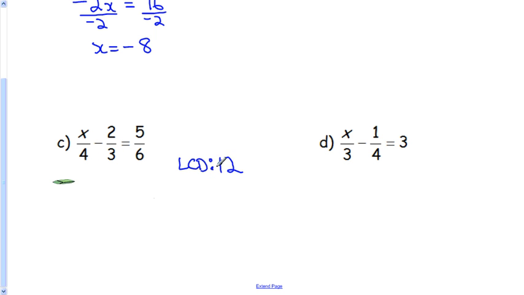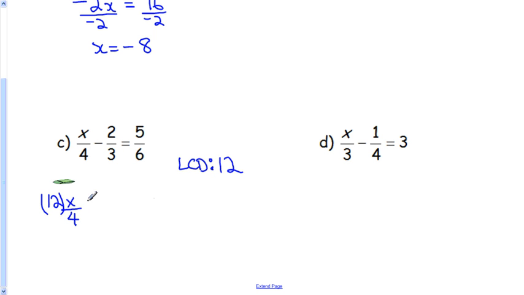4 times 3 gives us 12. 3 times 4 gives us 12. And 6 times 2 gives us 12. So all the numbers go into 12. So I'm going to go ahead and multiply every single term by 12. So I have 12 times x over 4.